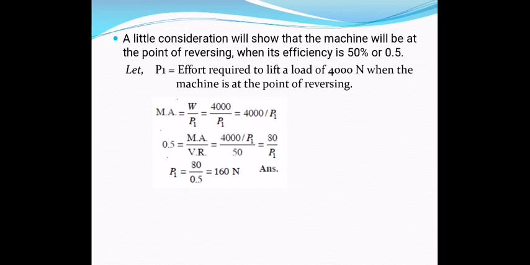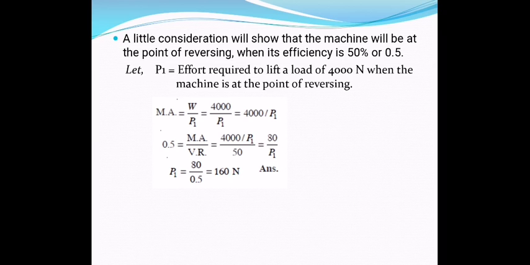We know the point of reversing is when efficiency is 50%, because below 50% it is not reversing. So we have to be above 50%. So at the point of reversing, efficiency will be 50%.